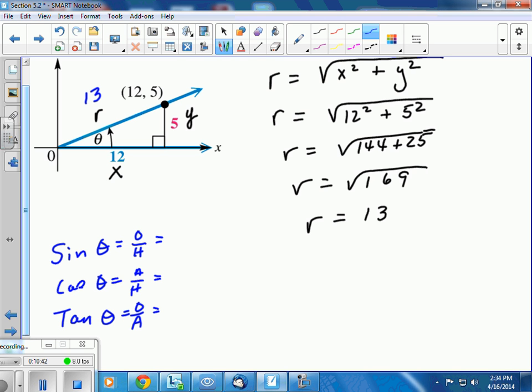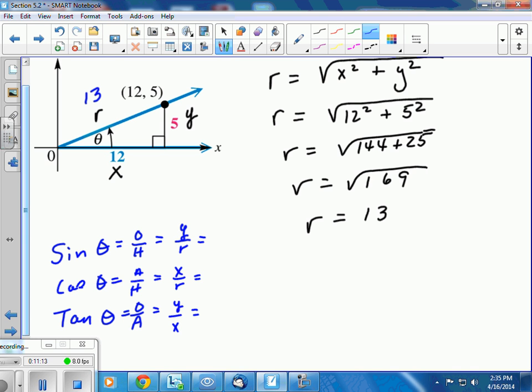In the same vein, we should also keep in mind that the sine is y over r, the cosine is x over r, and the tangent is y over x. I'd like you right off the start to be thinking of those together, as the same, looking at every triangle that way.